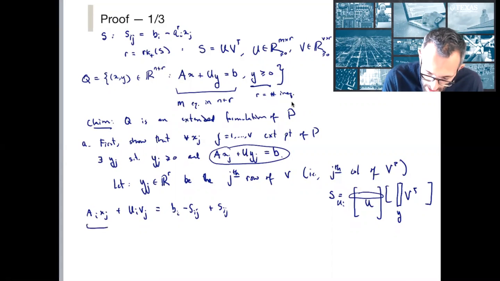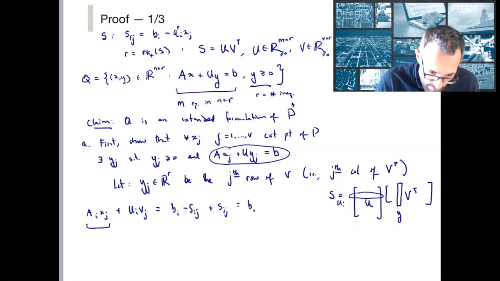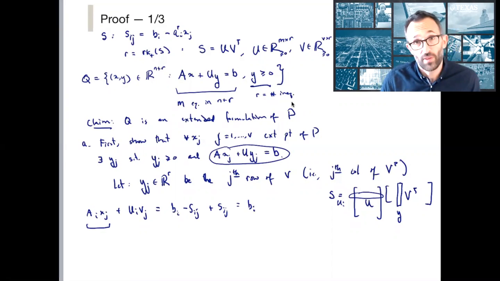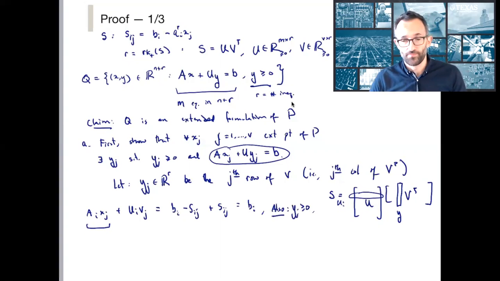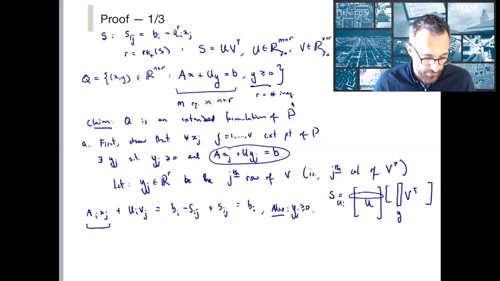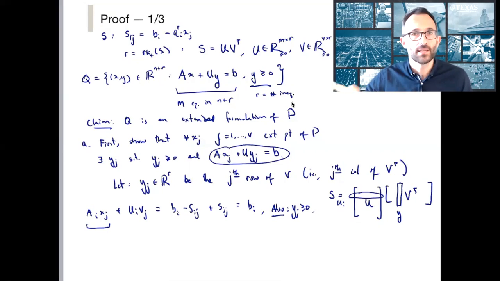In other words, a_i xj is just b_i minus whatever the slack is by definition, and u_i vj is s_ij, so this is b_i. And also note that because we have a non-negative factorization, yj is greater than or equal to 0, which is exactly what we need. So we've shown that every single one of the extreme points of P, and therefore all of P, is contained in the projection of Q onto the first n coordinates.